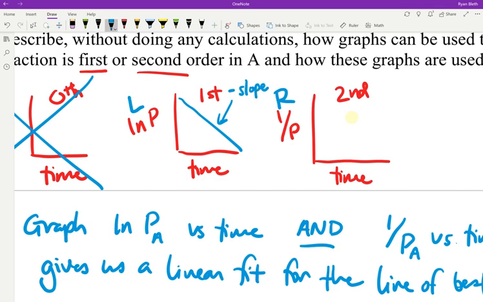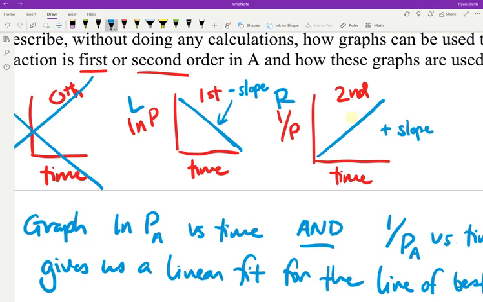The rate constant is always a positive value. So we would need to take the absolute value of that negative slope for this graph if that were the linear one. If the reciprocal of pressure versus time was linear, it would be a line showing a positive slope. So in that case, the absolute value isn't quite as vital.